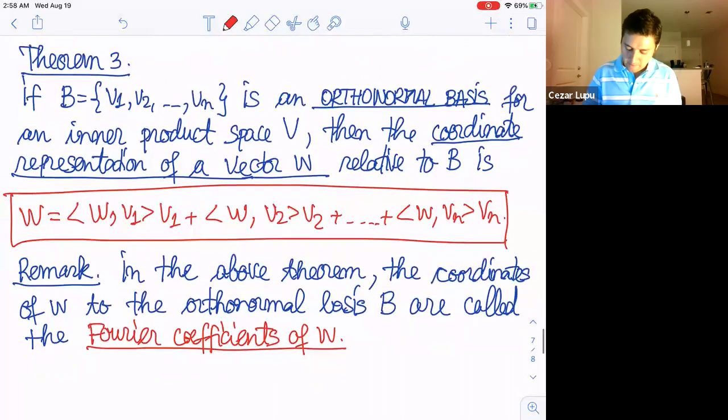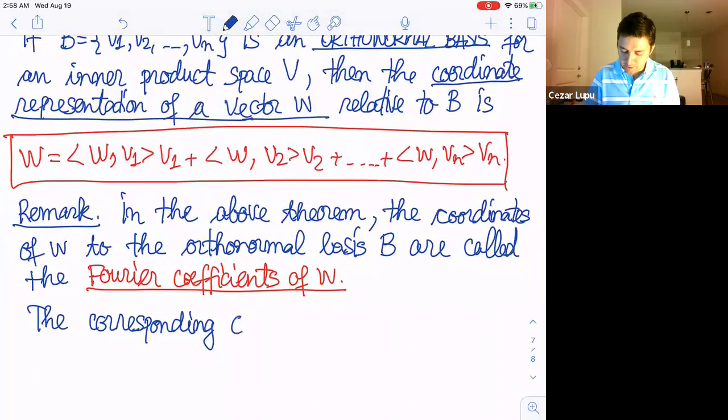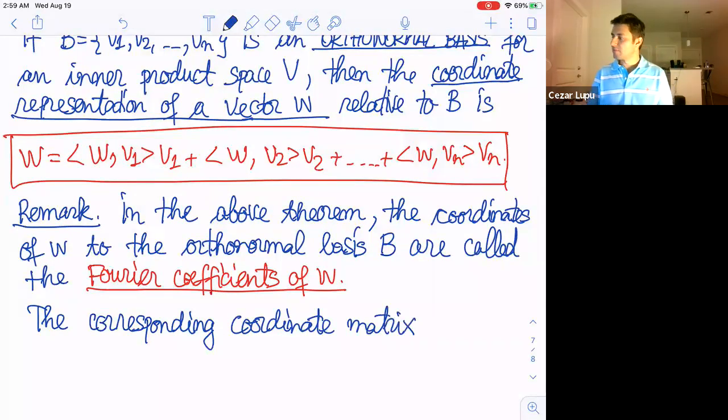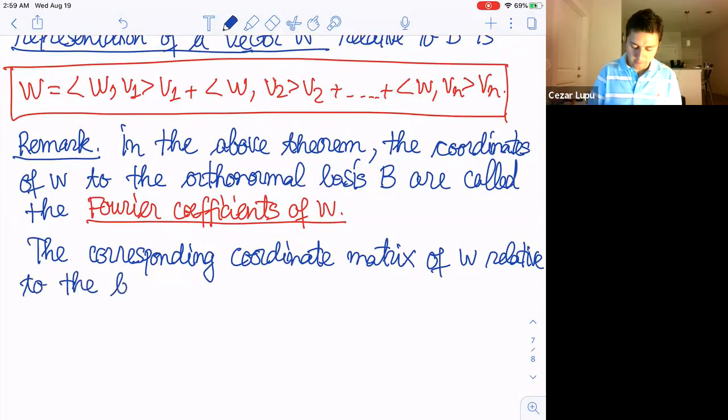Anyway, the corresponding coordinate matrix of w relative to the basis B is given by the following, and let's write it.